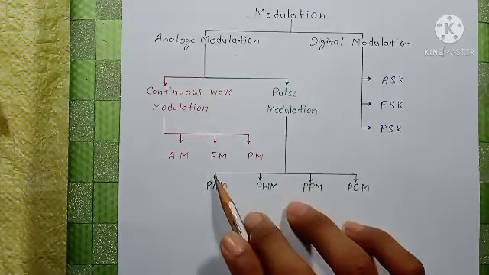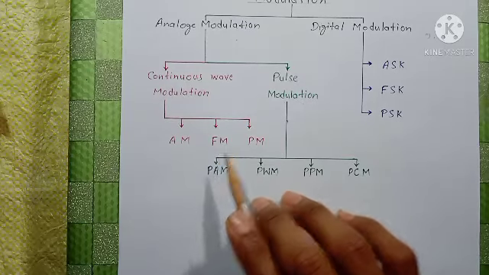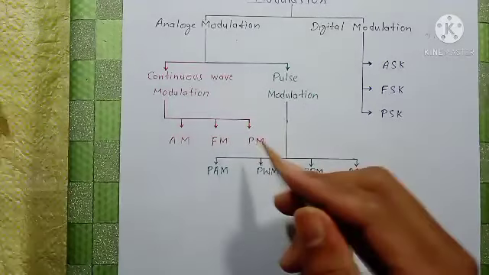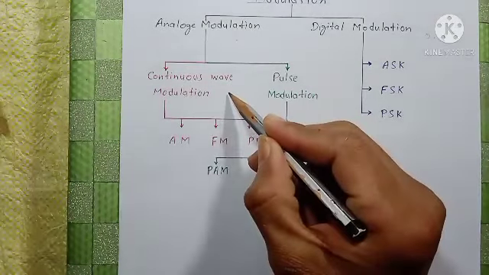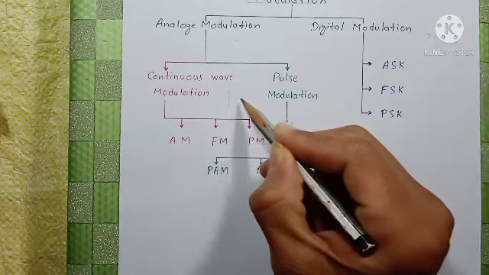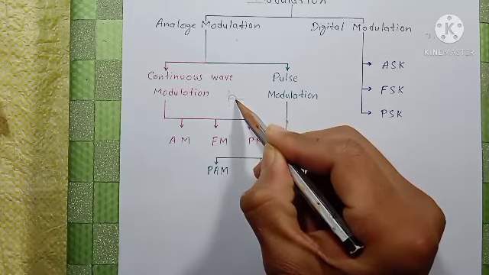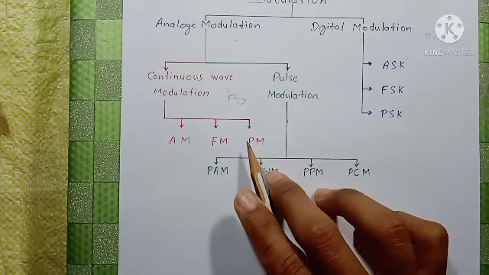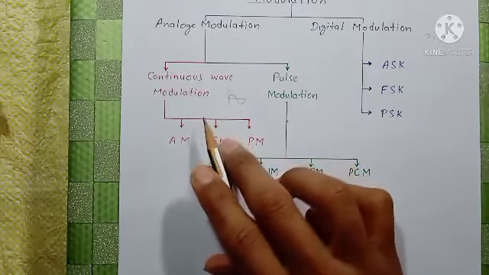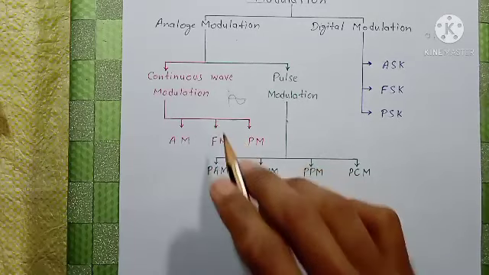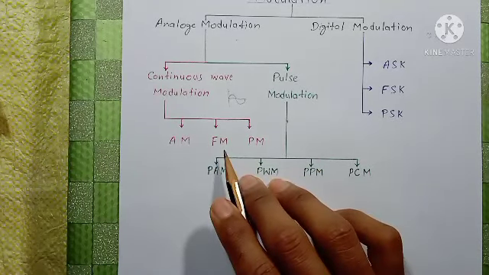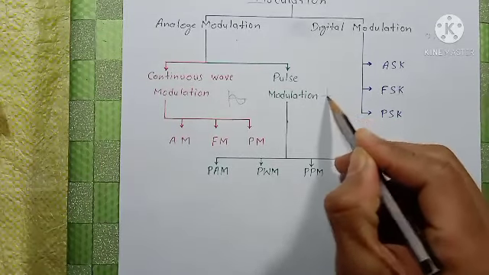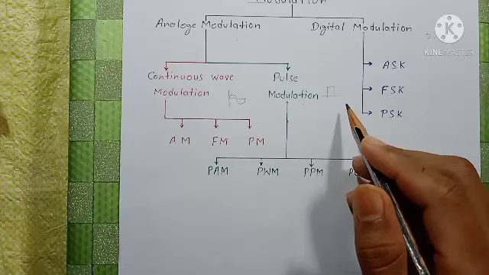If the carrier signal is continuous, like a sinusoidal signal, then it is known as the continuous wave modulation. And if the carrier signal is a pulse signal, then it is known as the pulse modulation.